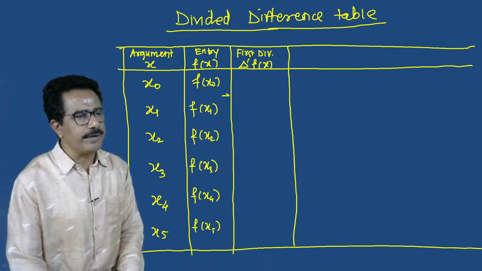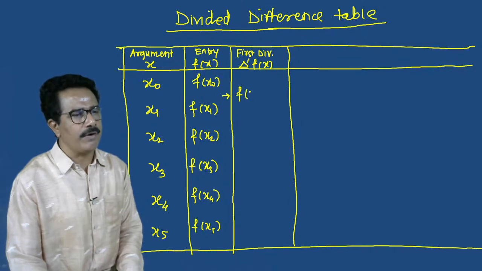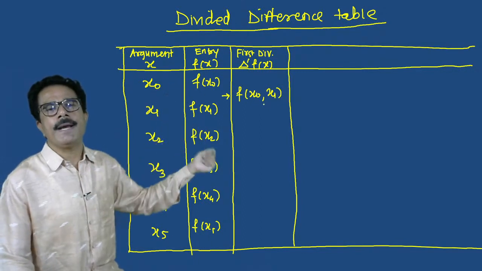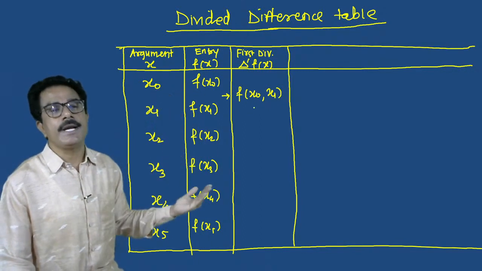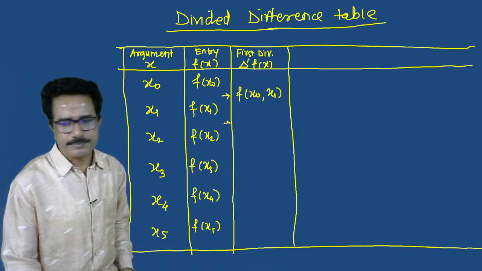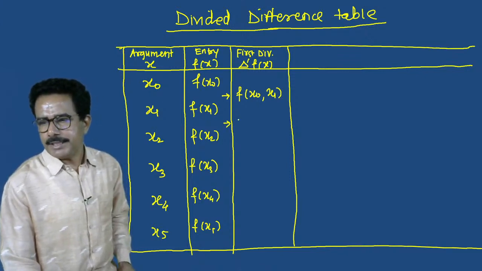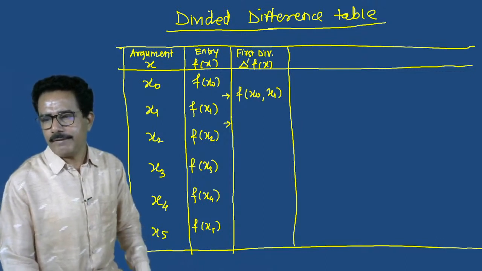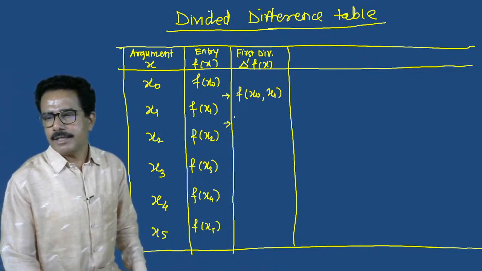That means difference between two is f of x0 comma x1, which is defined as f of x0 minus f of x1 divided by x0 minus x1. So this can be written as, very good, Sakshi Kadam, Priyanka Dhanure, very nice, Pranavati, very good.